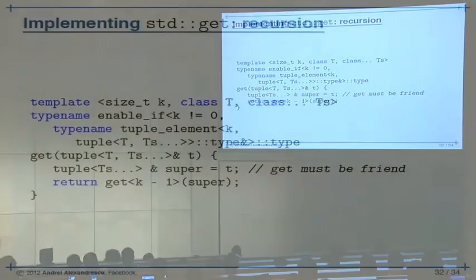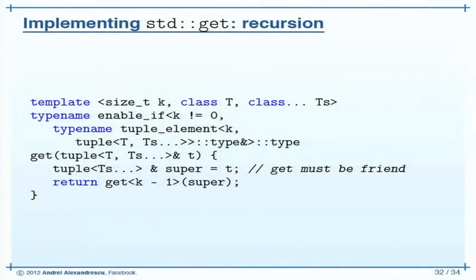What do you think is going to happen when I want to return the kth element? Well, recursion. I enable it if k is different from 0, is non-zero, right? And in that case, I'm going to say, well, returning tuple element, reference. I'm returning the reference thing. And then I say get, and then I recurse to get k minus 1.